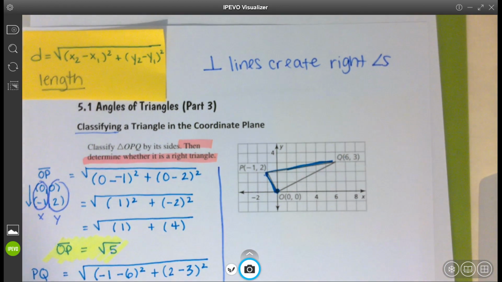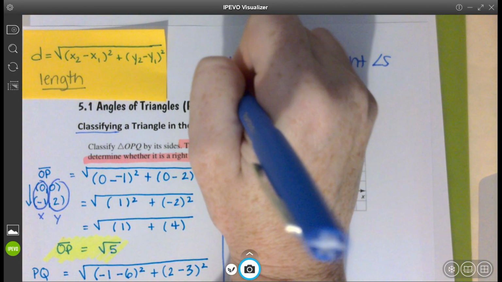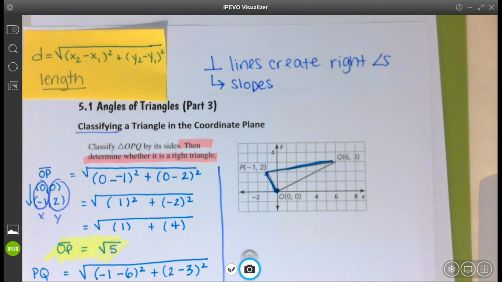Now, how do we know when we have perpendicular lines? Well, we can look at the slopes. This is coming back from Algebra 1. The slopes for perpendicular lines are negative reciprocals. That means we're going to have a positive and a negative value and a flip-flop of each other.